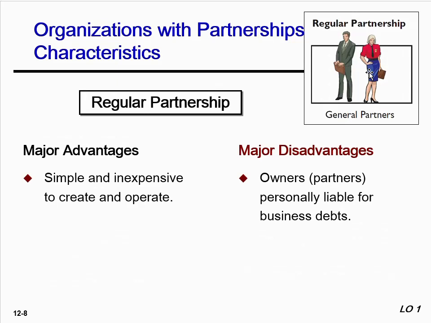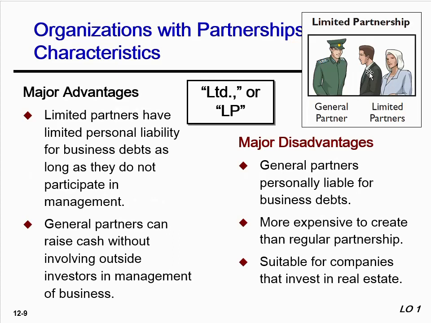We just discussed that the journal partners are personally liable to pay the debts of the business, so their liability is unlimited. If you have a limited partnership, there will be as many limited partners as the partnership wants, but at least one journal partner should be there.